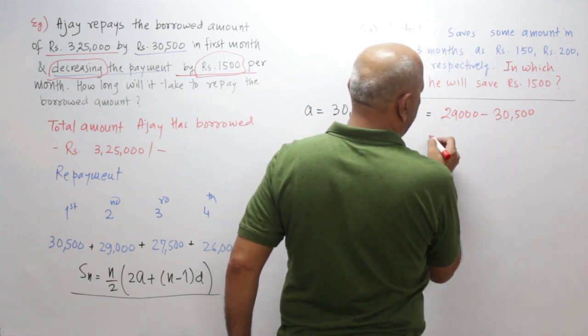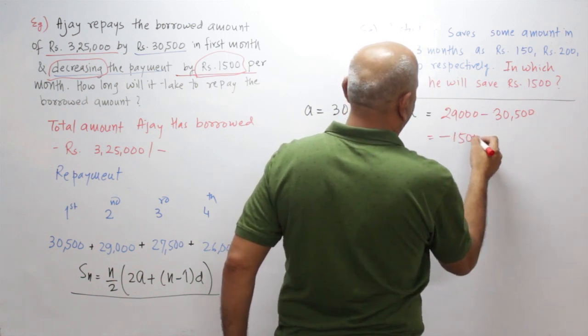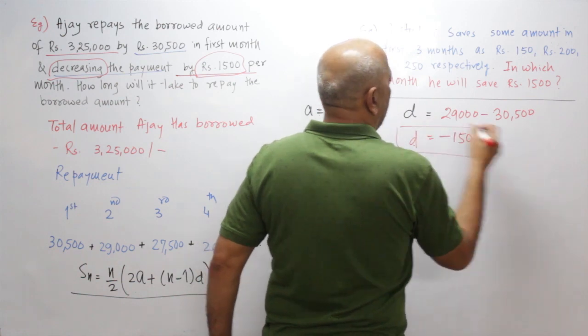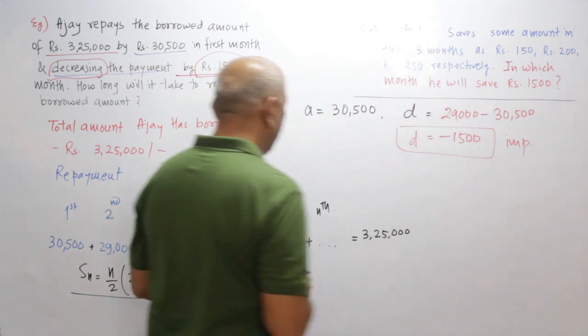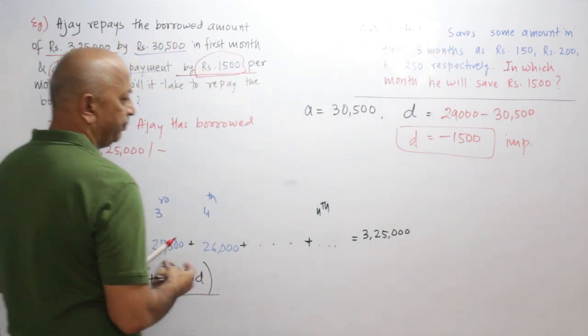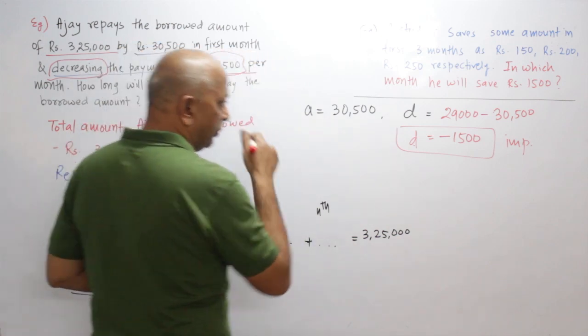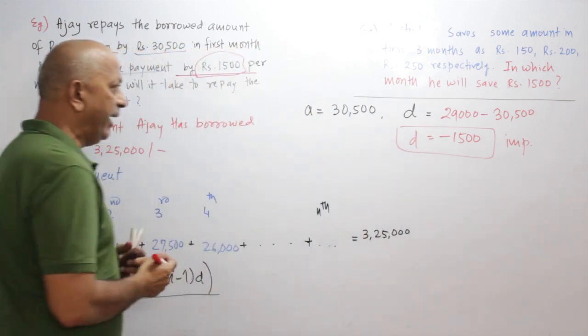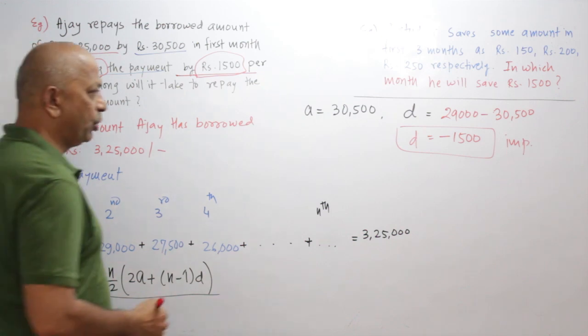So this value is minus 1,500. So this is important to remember. So we got the D, we got the A. So we can put these values in this equation.